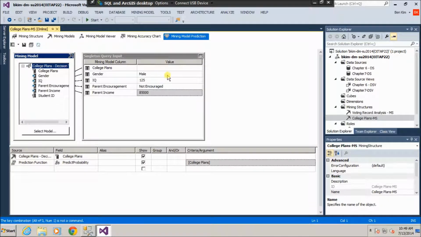So how about we change it. Gender, how about female, IQ 145, and parent encouragement, not encouraged. Parent income of 185,000.